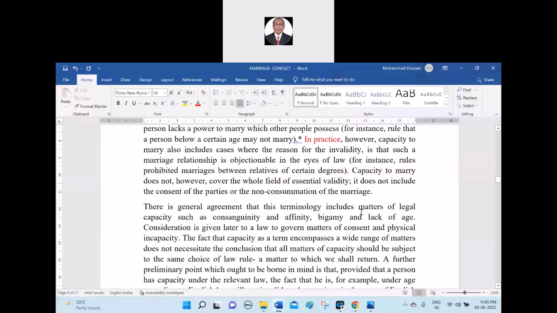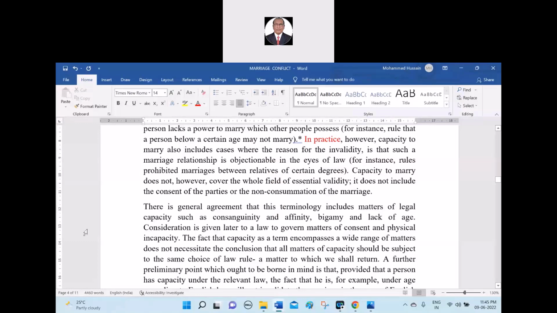And bigamy means a person who already has a wife and gets married to another second one, then we can say bigamy. Then lack of age, and of course child marriages are high in India, of course in Tanzania also, but now no child marriage would be there.